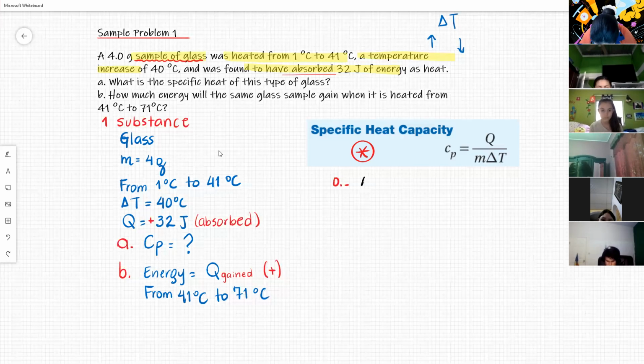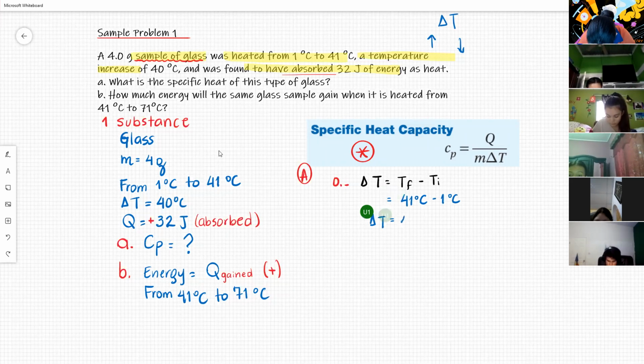So you say delta T, you apply the formula that you know, that is final minus initial. The final temperature is 41 degrees Celsius. We're talking about part A, okay? So 41 degrees Celsius minus 1 degree Celsius. So this gives you a delta T of 40 degrees Celsius.